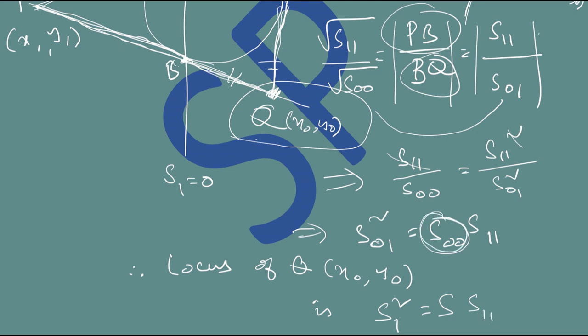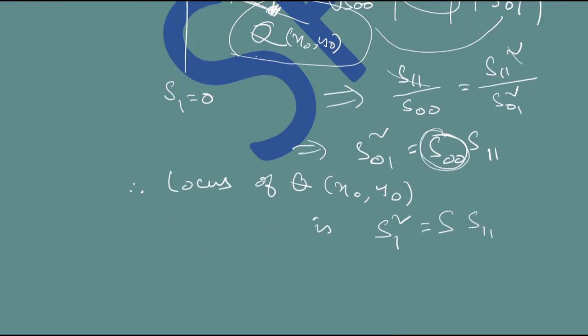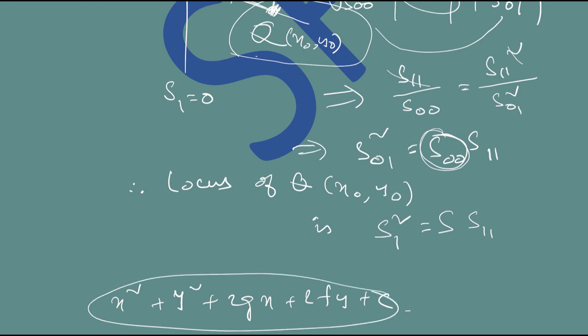If you cannot see it directly, write it once in the rough work. S00 stands for x0 square plus y0 square plus 2g x0 plus 2f y0 plus c. Now in place of x0, y0 we write x, y. You can see that that is nothing but S itself. Similarly, you can see for yourself how this one becomes S1 by writing it like this.